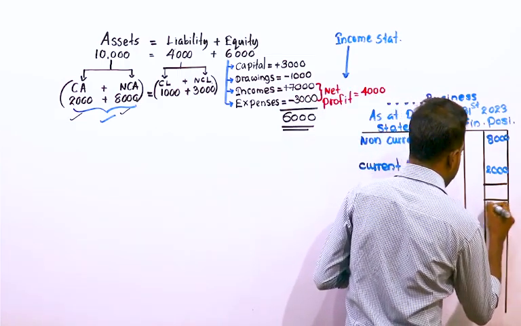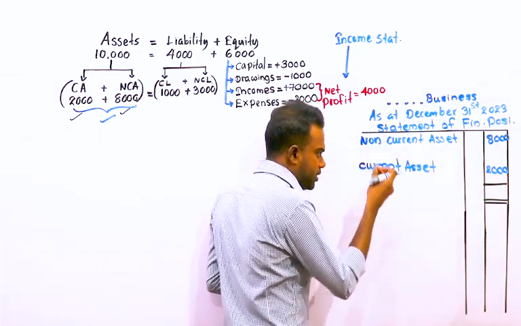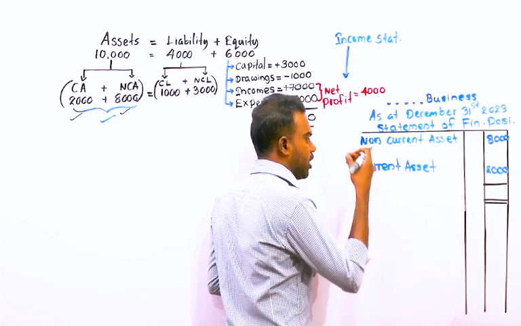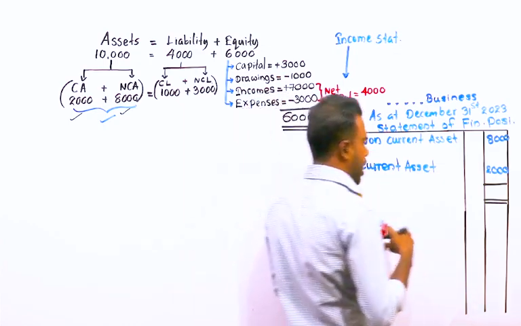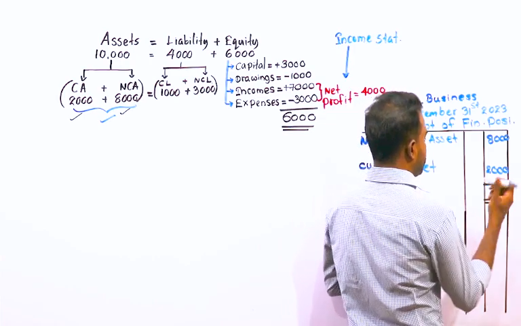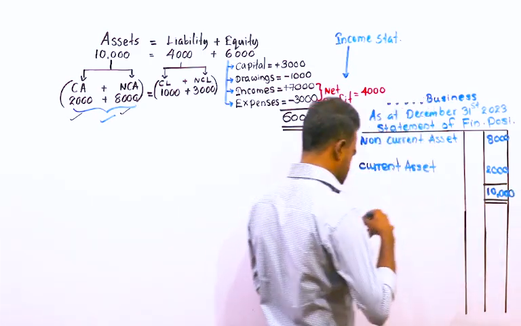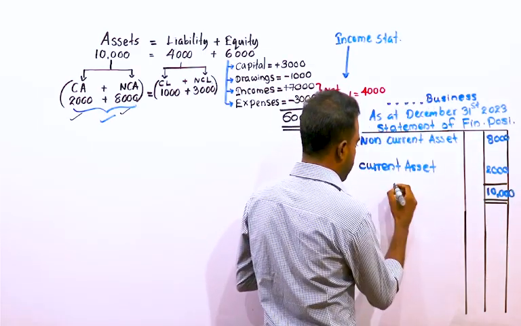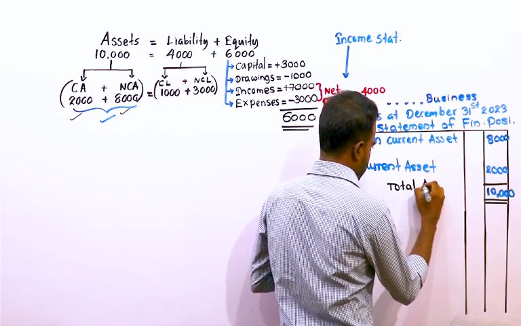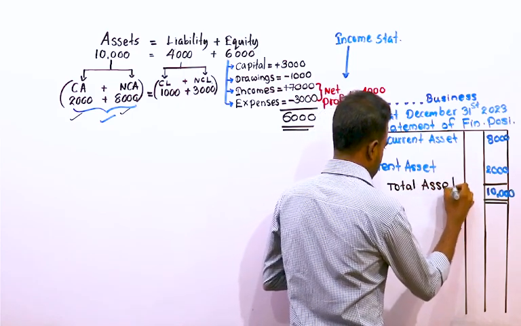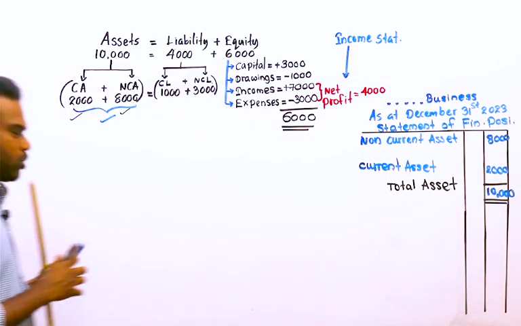If there are examples, you have to write down trade receivables, inventories, cash. I will teach how to prepare that easily. Here, how much? 10,000 assets finally. I will write down here total assets. Total assets, understood?